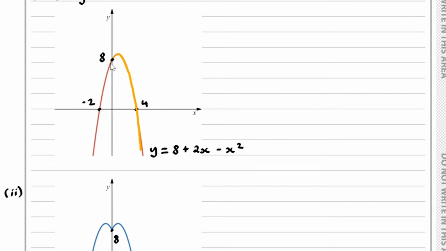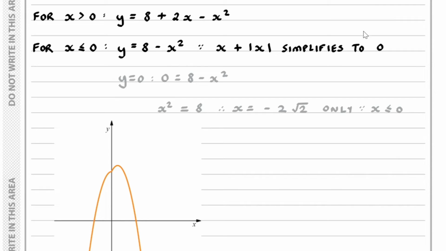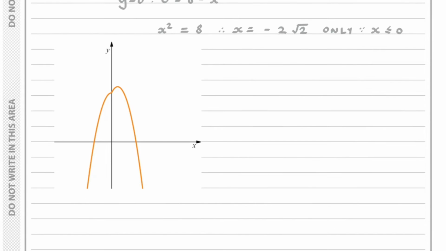It still passes through 8, but then the graph will look something like this. So let's sketch all of that together. We end up with this graph here.